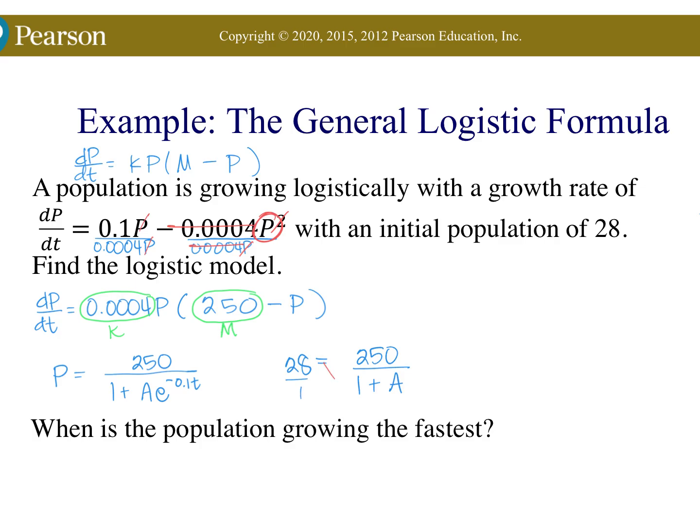Cross multiply. That'll give me 28 plus 28a equals 250. So we subtract 28 and divide by 28. So a turns out to be not a nice number this time, but 7.929.